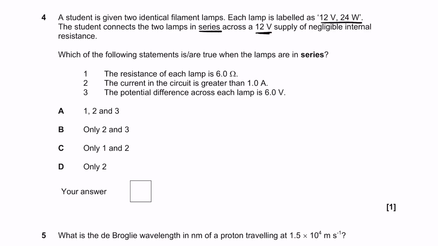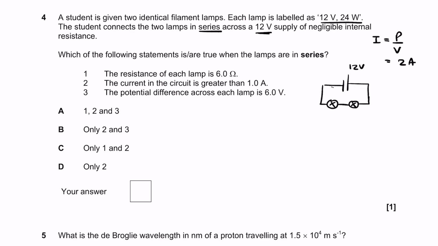Let's check. If I just sketch a little diagram, we have 2 bulbs, they both are identical, and this is 12 volts. So I can work out the current first, and that would help me identify statement 2 as well. Current is equal to power over voltage, so that's just going to be 24 over 12, which is 2 amps.